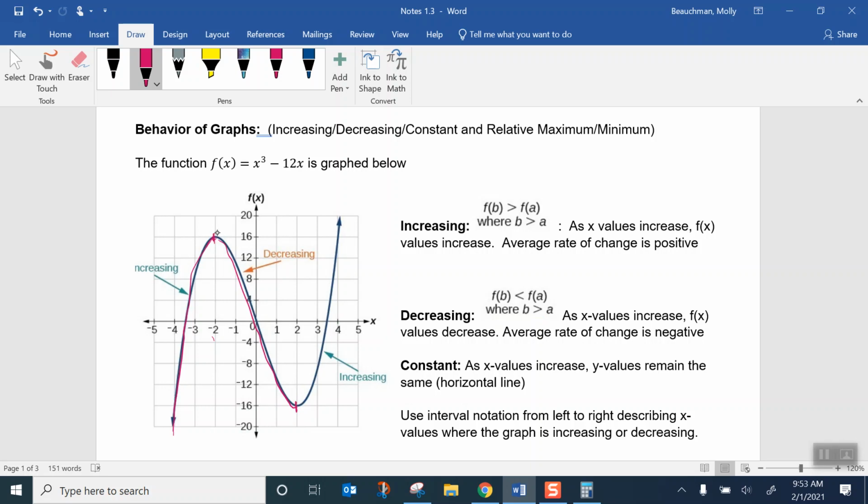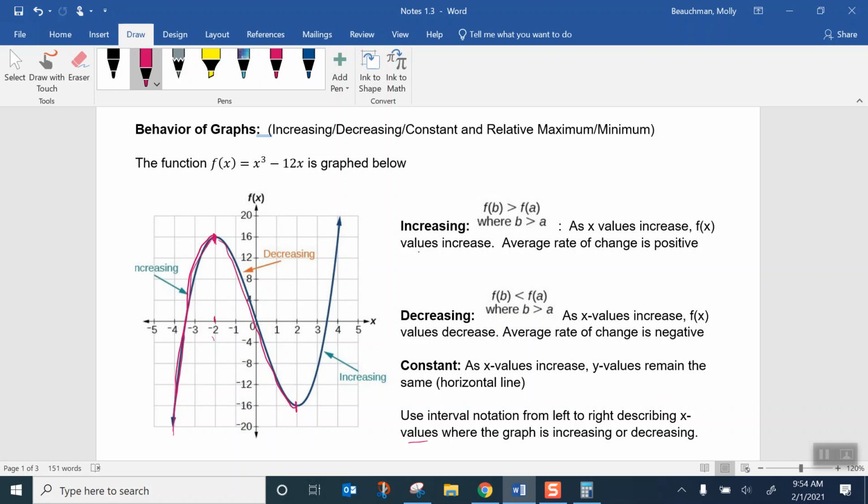So if we were to write the intervals for which our function is increasing or decreasing, we use interval notation from left to right, and we describe x values where the graph is increasing or decreasing. So since this graph is increasing to here, the x values are from negative infinity up to negative 2.